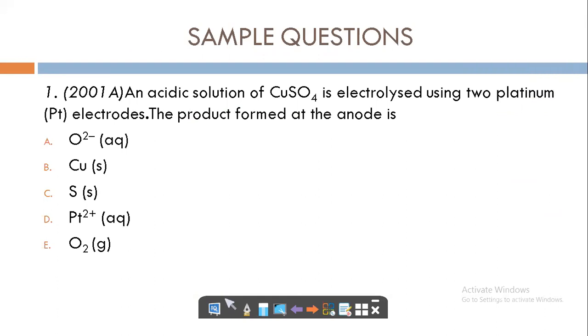An acidic solution of copper sulfate is electrolyzed using 2 platinum electrodes. What is the product at the anode? Do not say platinum. Platinum is unreactive. It will not react. What will be the product? Oxygen gas. Correct. Oxygen is the answer.